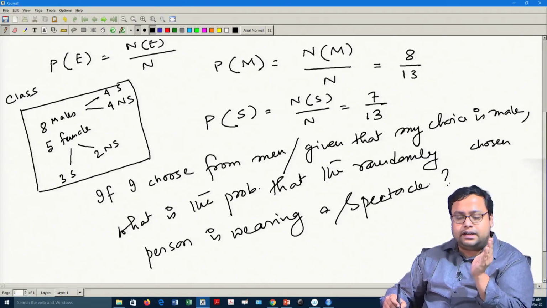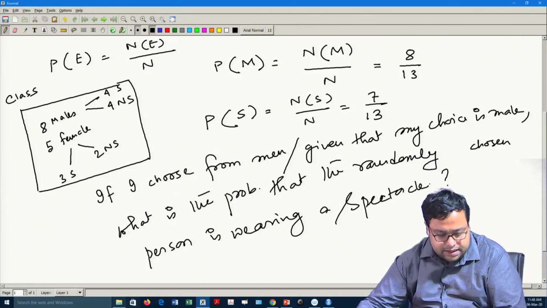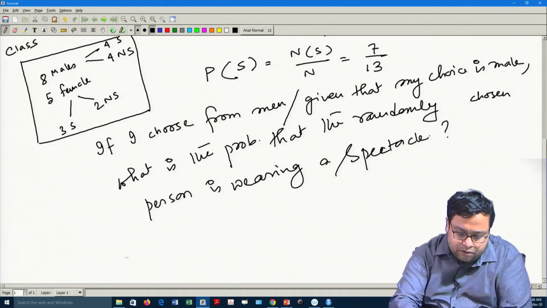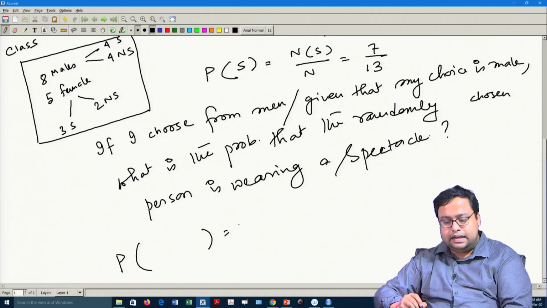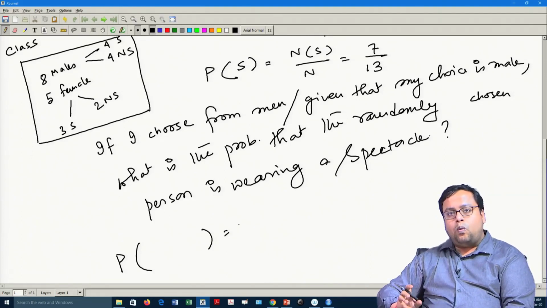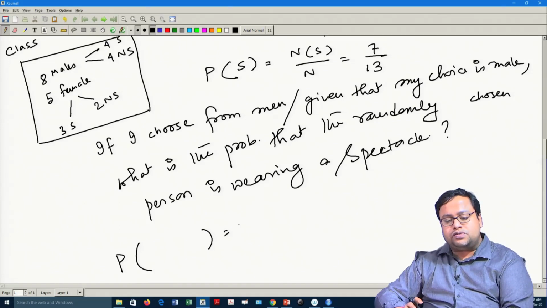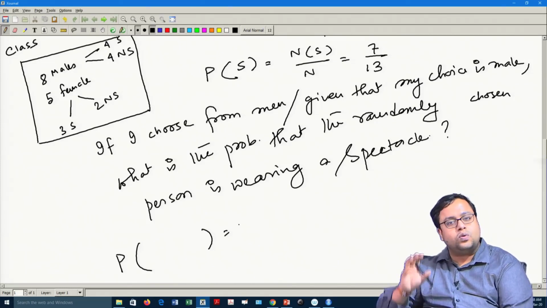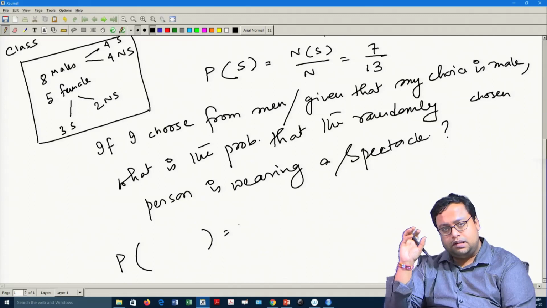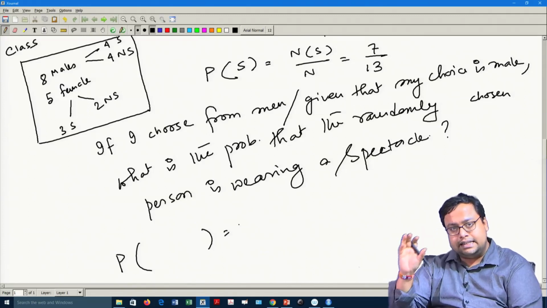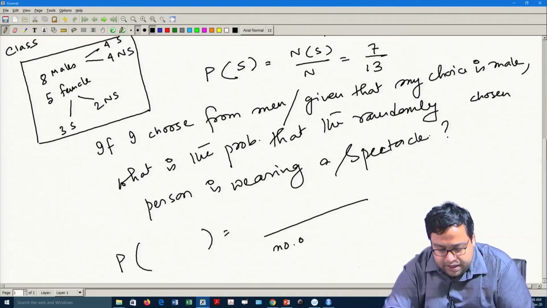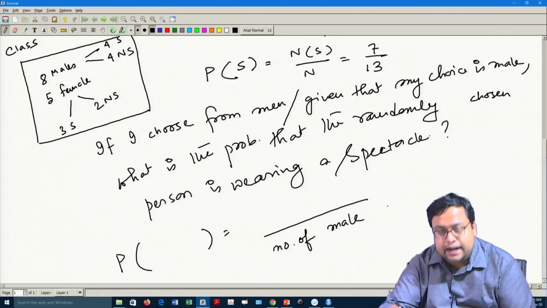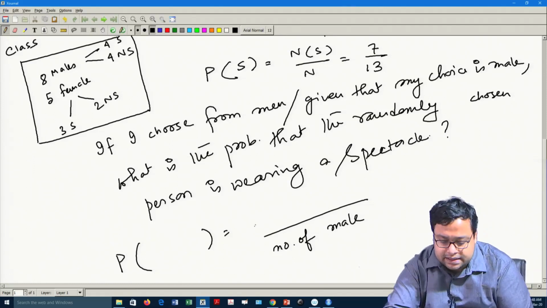If I choose from males, that means the total number of possible unique cases is basically the number of males, and he has to wear spectacles, which means the number of males wearing spectacles.